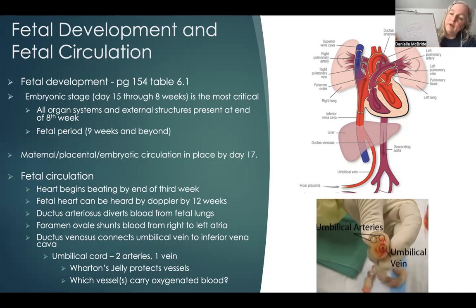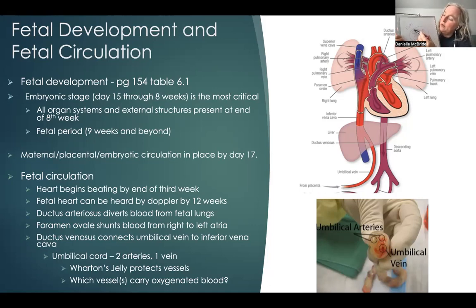So the arteries take away the waste. The vein is what is bringing in the oxygen. All right, so the oxygenated blood is coming in from mom, from the placenta through the umbilical vein, and then the arteries take the waste back out.